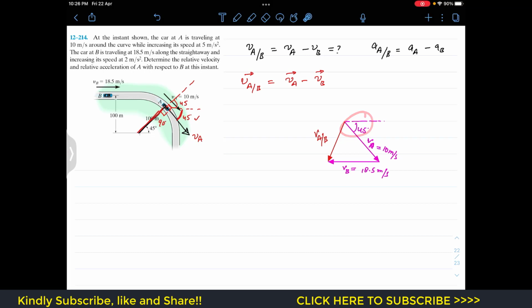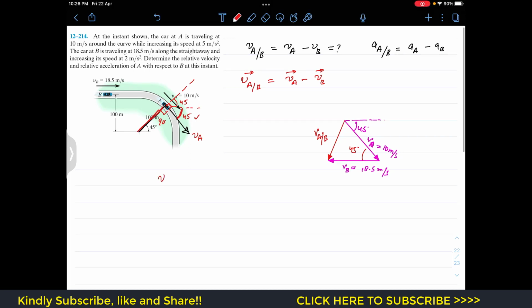So now if this angle is 45, then VA is also making a 45 degree angle here, since both of these angles are alternate angles. So we can say that this angle is also 45 degrees. Now we can find the magnitude of the velocity of A with respect to B by using the law of cosines.